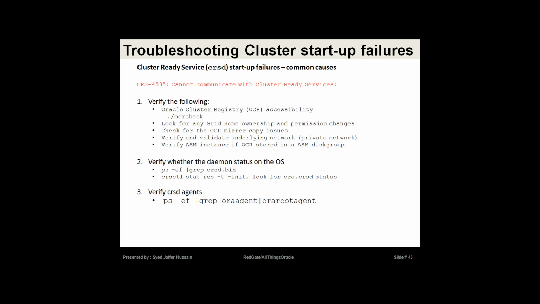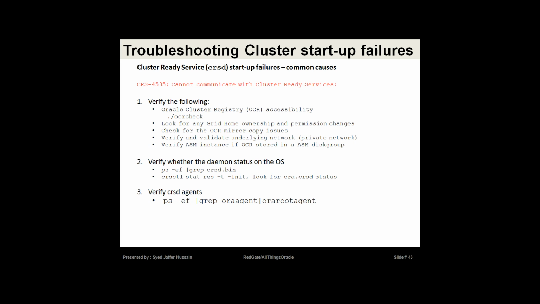Sometimes it might get changed for some reason. Also verify the mirror copies issue, verify the interconnect network, and more importantly, in case ASM suffers some problem coming up, and you have placed your OCR in an ASM disk, you need to see why ASM is not getting started. Because of that, your CRSD does not start completely.